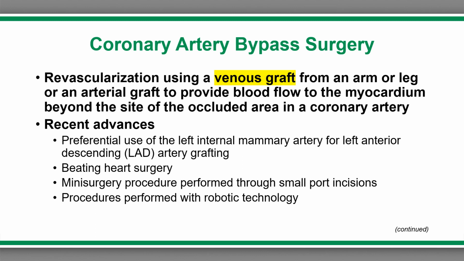But veins tend not to have that occurring, and so the revascularization uses a venous graft often from an arm or a leg, and this was historically how it was started. So you start by taking a vein from another part, from the arm or the leg, usually the leg, and kind of sew it on the ascending aorta, and sew it beyond the place where the blockage occurs.